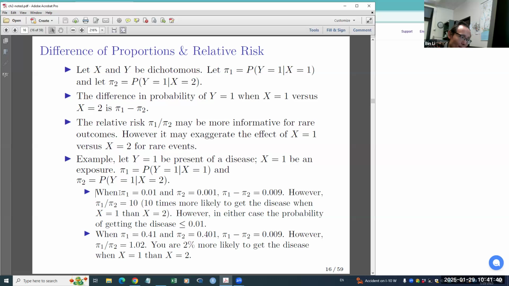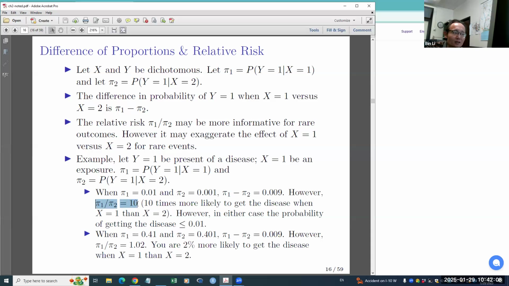So let's say pi1 among the exposed group is 1%, and pi2 is 0.1%. Then if we just use the difference, pi1 minus pi2 is 0.009, which is a very small number, right? But if we use the relative risk, it will be 10.